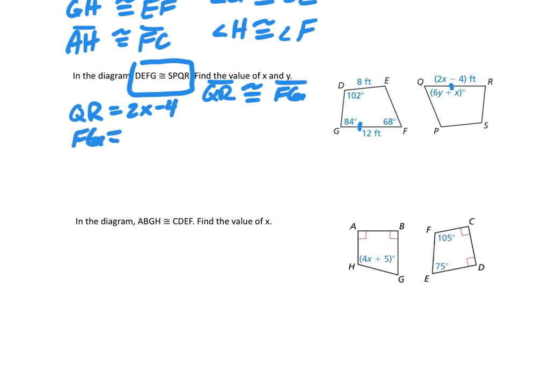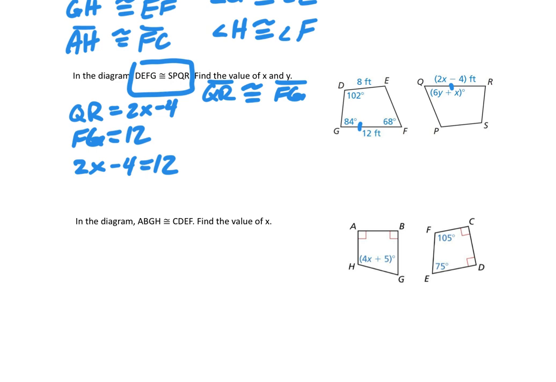FG is 12. So if those two are congruent, what's that also mean? What's it mean to be congruent? They're the same. They're equal, right? So what I can do then is I can say 2x minus 4 equals 12.